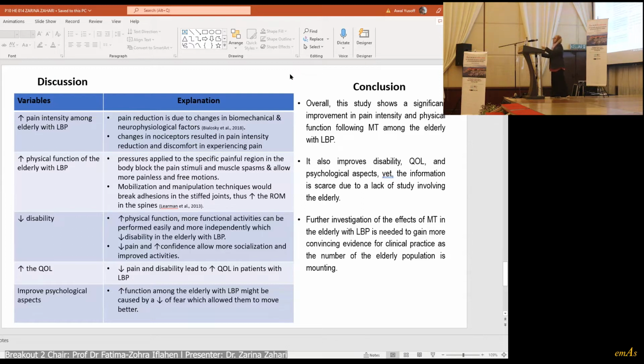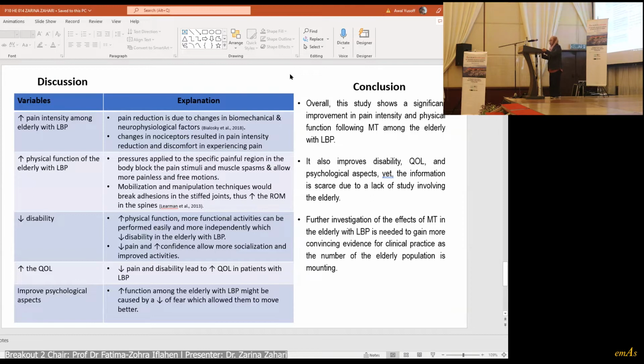For improvement in physical function of the elderly with low back pain, this could be due to pressures applied to the specific painful region in the body blocking the pain stimuli and reducing the muscle spasms, which allow more painless and free motions. And the technique of mobilization and manipulation will break the adhesions in the stiff joint. Therefore, it helps to improve the range of motion in the spine.